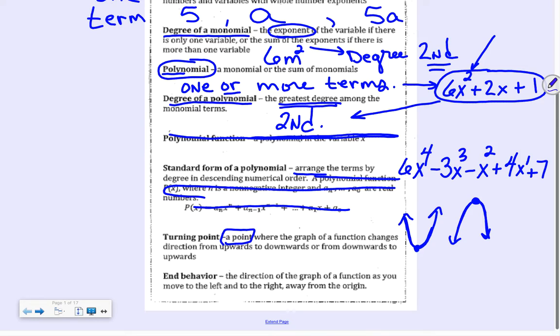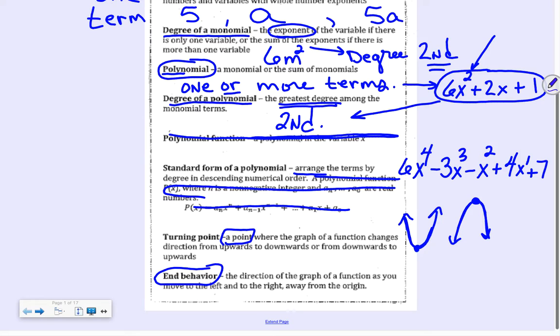Okay? This one we are going to talk about today. It's called what? End behavior. Now, end behavior is the direction of the graph of the function as you move to the left and to the right, away from the origin. Okay, you see that graph right there? That graph is acting what on the left side?